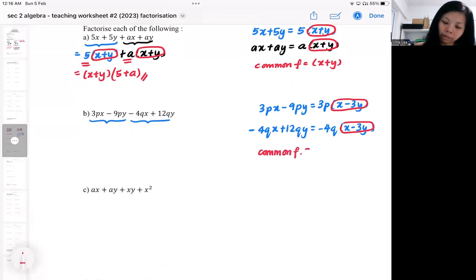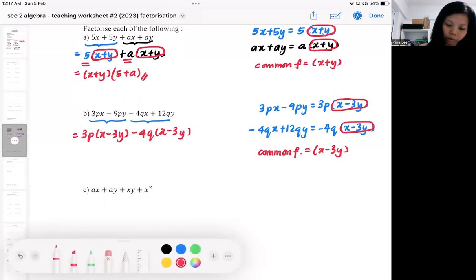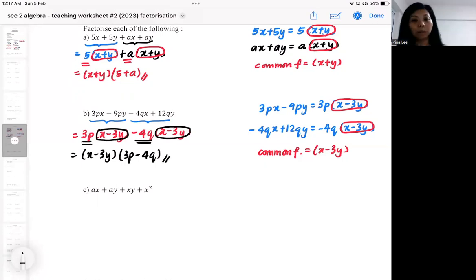So it does work. So the grouping works. So you just transfer back, and you will take out the bracket as a common factor. Then you are left with this. So that is called grouping.